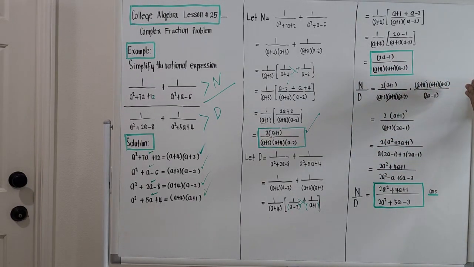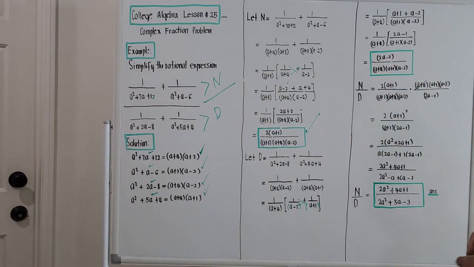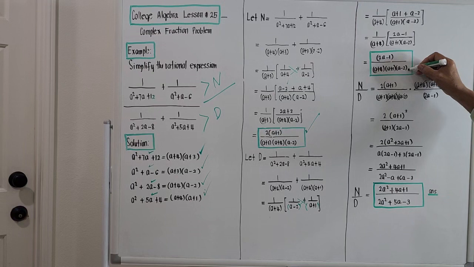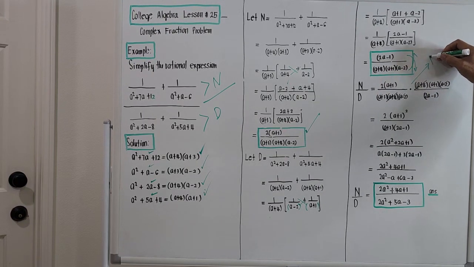But instead of dividing, so I could minimize my writing, we lock the blackboard already. I will now change the operation from division to multiplication. So I will raise this one up, then I will put this one down, then I will perform the operation multiplication. We are lacking space. So they should be the product of the three binomials a plus 4, a plus 1 times a minus 2.